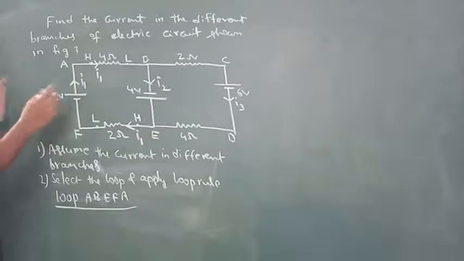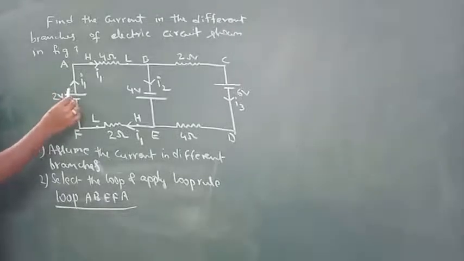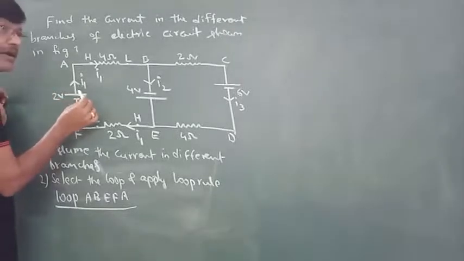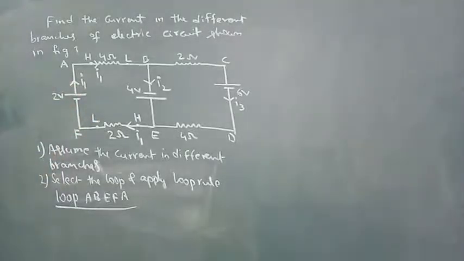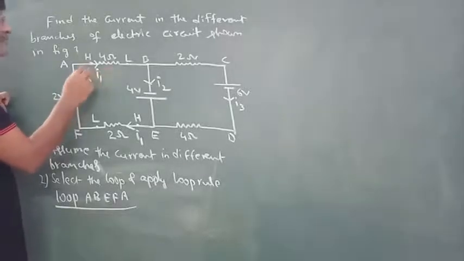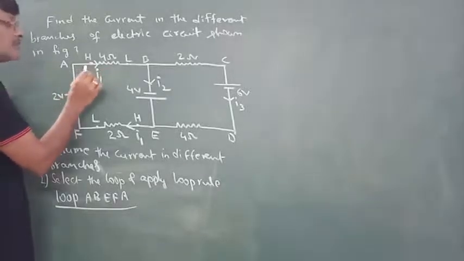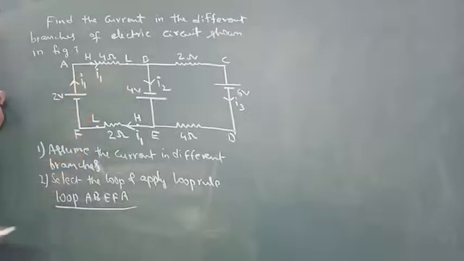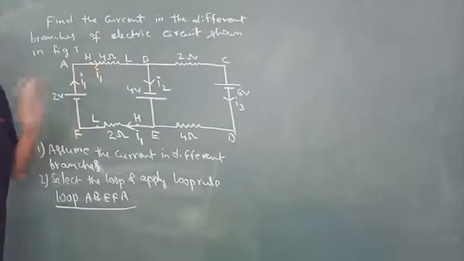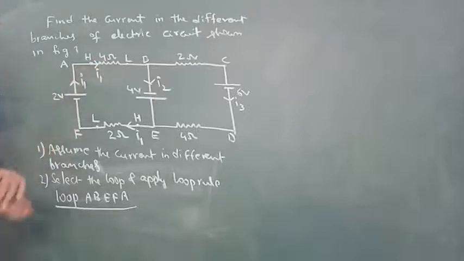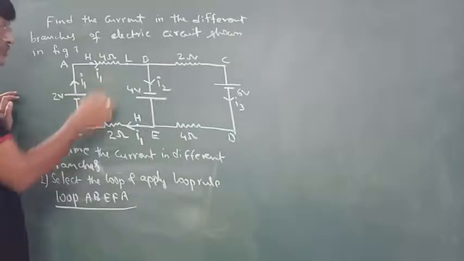So first of all, according to the assumed direction of the current, mark or note down the higher potential and lower potential points on both sides of the resistor as shown in the figure.